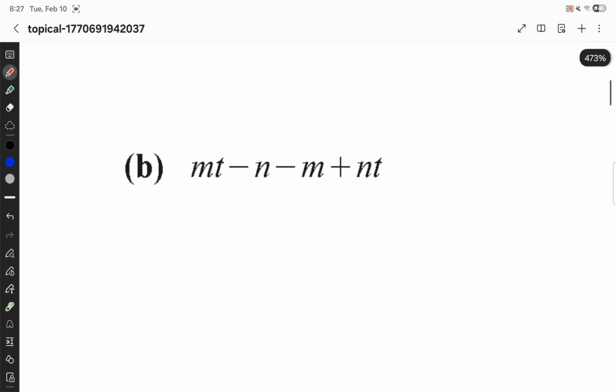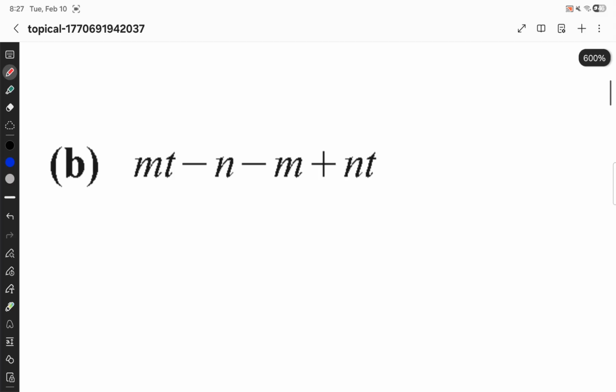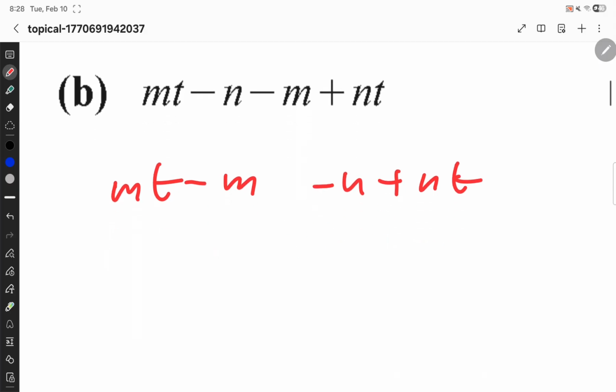Here I can group upon m, upon n, or upon t. I will group upon m. So nice, and m is the common between them.